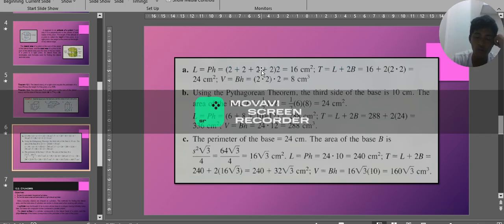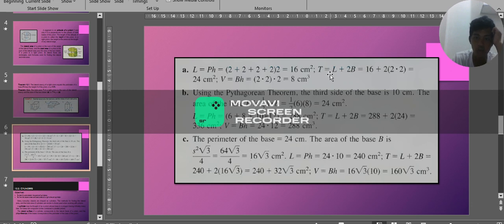And then when we add it all up, it will result to 8 multiplied by 2. This is an area question, so the answer would be 16 centimeters squared. Next is to find the total area.